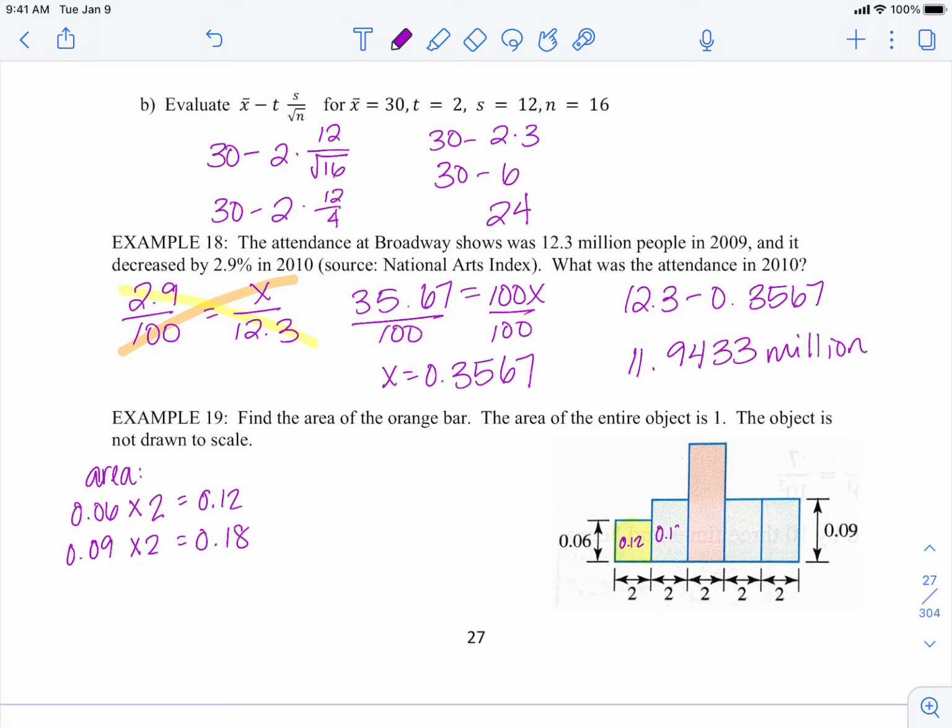So this is 0.18, 0.18, 0.18. We know the entire object is 1, so I can do 1 minus 0.12 minus 0.18 minus 0.18 minus 0.18, because there's 3 of those. And if I subtract that, that's going to give me 0.34. So the area of the orange box will be 0.34. And that is where we will stop today.